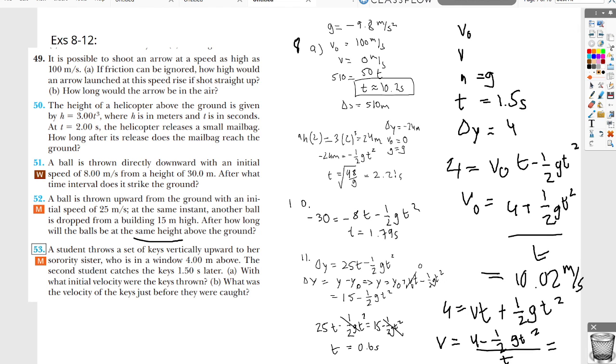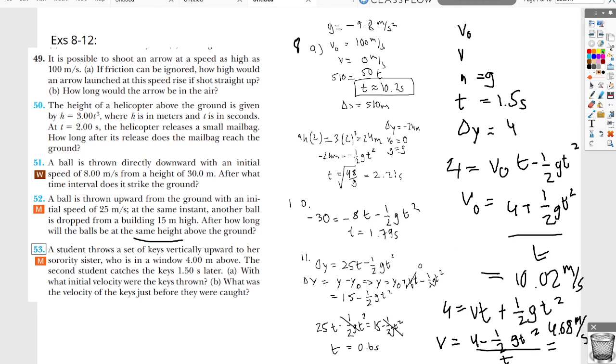It's v t minus 1 half gt squared, negative 4, right? Oh yeah, because it is a change in time. So the negative is excused. Divide by 1.5, and you'll get positive 4.68 meters per second.